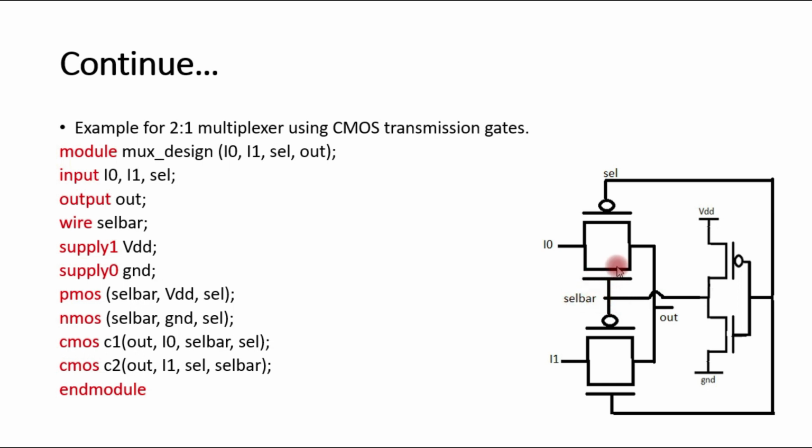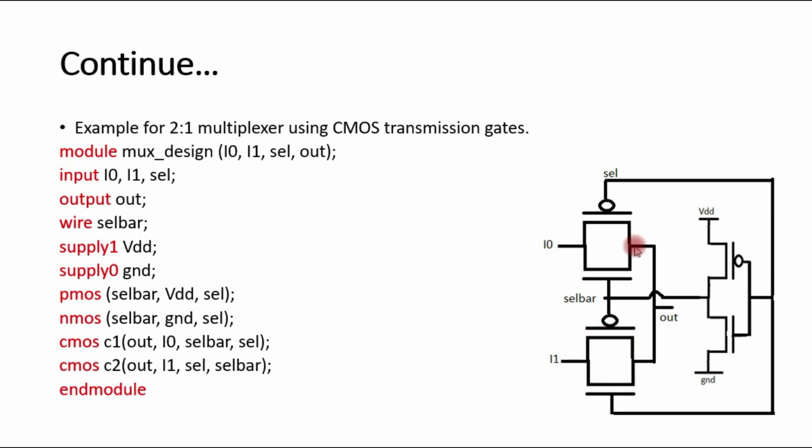When the gate terminal of the NMOS device is at logic 1 and the gate terminal of the PMOS device is at logic 0, then this C1 CMOS transmission gate will be turned on. This NMOS gate terminal is connected to sel, which is at logic 0, and the PMOS terminal of this transmission gate is connected to sel bar, so the other CMOS transmission gate will be in turned off condition.